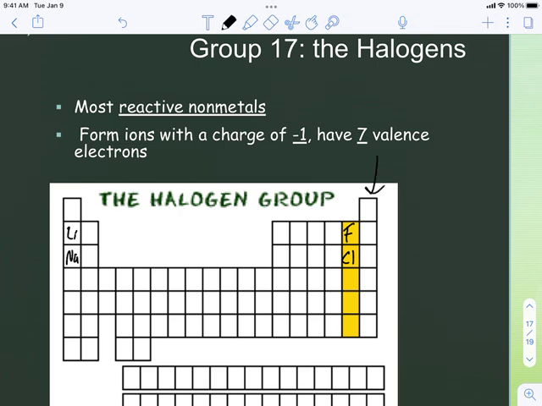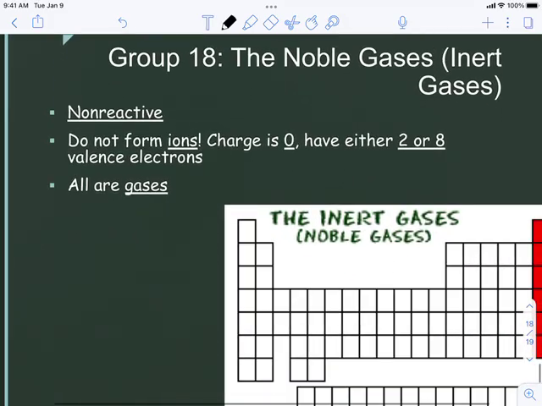We'll see group 18 doesn't like to react. Hopefully you can see something here. Sodium and chlorine. Really reactive sodium metal, really reactive chlorine nonmetal. They like to bond. That's how we get our table salt. So again, group 17, the halogens.